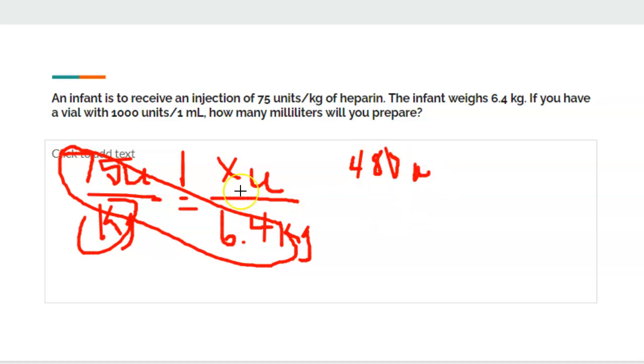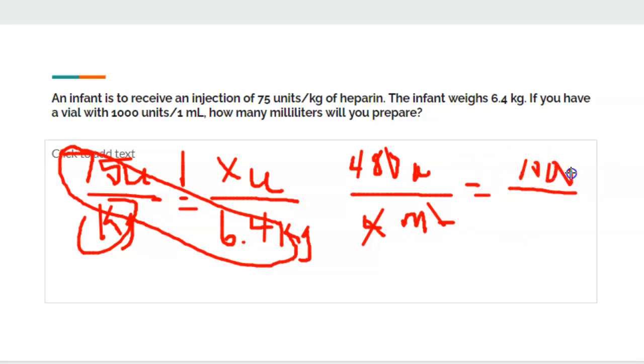Okay, so now we can set that equal to our stock volume. So we need 480 units, and we're going to put that over X milliliters because we don't know how much that is, and set that equal to our stock volume, which is 1,000 units over 1 milliliter.